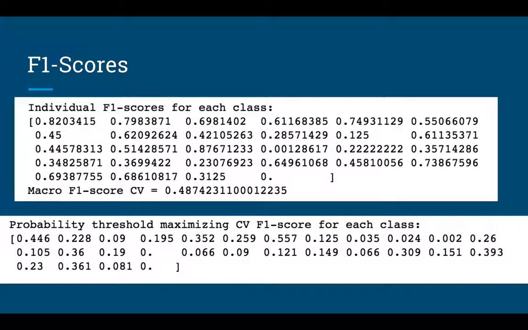And we also have a macro F1 score cross validation. It shows the macro F1 score of cross validating of 0.48. The second category is the probability thresholds maximizing the cross-validation F1 score for each class. Again, there are 28 entries in the results.